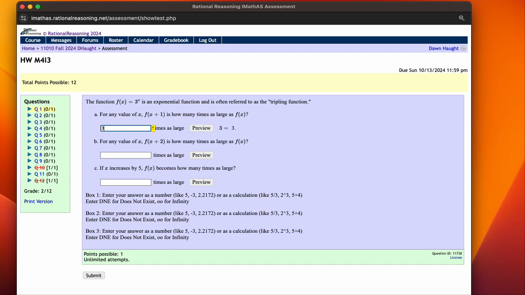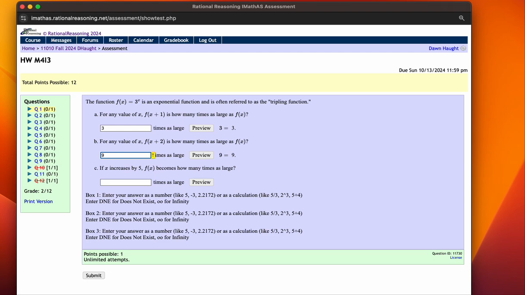Now, for yours, it might be something that is more than that. If it's a 2, it's 2 times larger. If it's a 4 to the x, it's 4 times larger, whatever. For any value x plus 2, think about the first one we would have multiplied by 3, then we'd multiply it by 3 again, so 3 times 3 is 9.